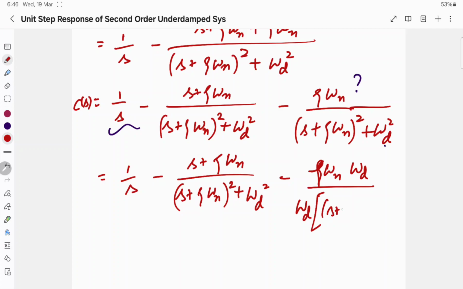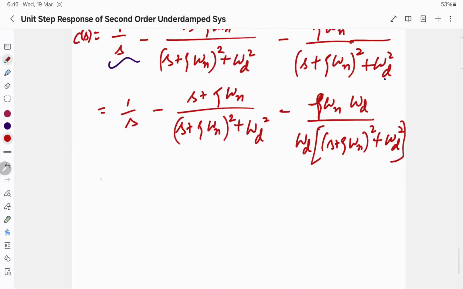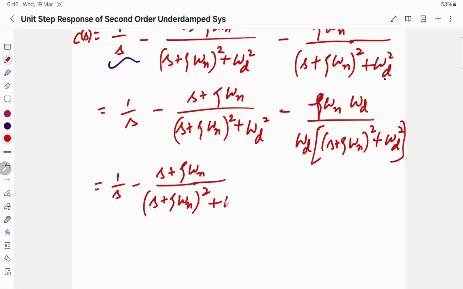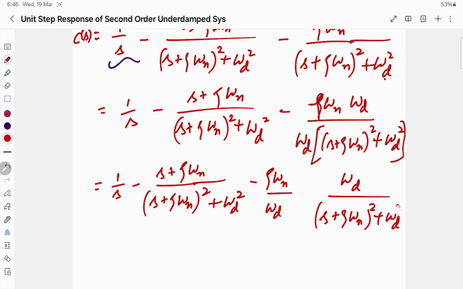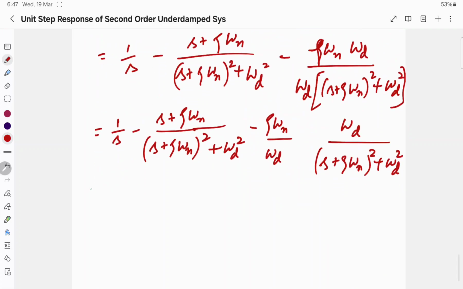Right, so (s plus zeta omega n) square plus omega d square. So it is 1 by s minus (s plus zeta omega n) over (s plus zeta omega n) square plus omega d square, minus zeta omega n by omega d. This is a, and for this entire term it is omega d by (s plus zeta omega n) square plus omega d square. Now you take inverse Laplace.